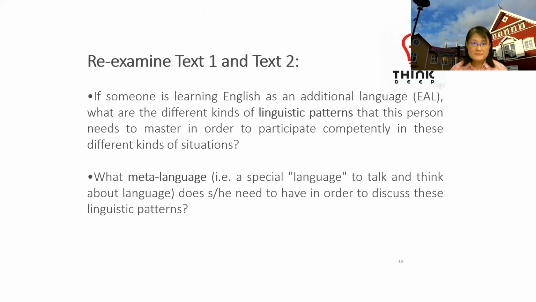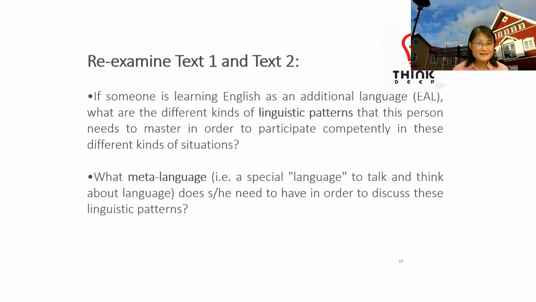So I'm saying that we are learning English as an additional language, right? Students in Taiwan, in Asia. So we need to help our students to have a metalanguage to talk about language. We call this metalanguage awareness, so that they know, okay, this is a formal style, this is an informal style, this is a more academic register, this is an everyday register.